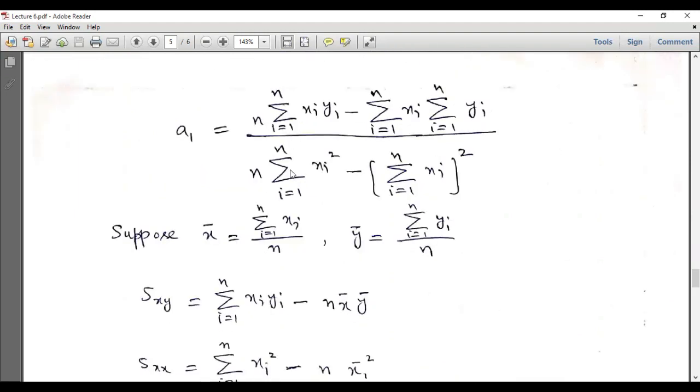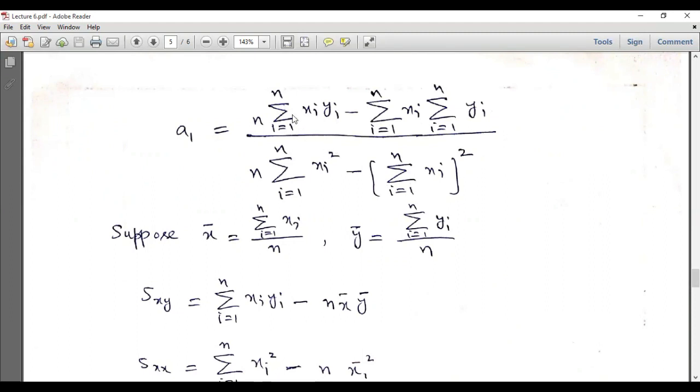And this term will be the same, and this term will also be the same. So this term will become n into this summation minus n square x bar y bar, divided by n times this summation minus n square x bar square. We can take n as common in the numerator as well as in the denominator, and here we will get summation i equal to 1 to n xi yi minus n times x bar y bar, divided by this summation minus n times x bar square.